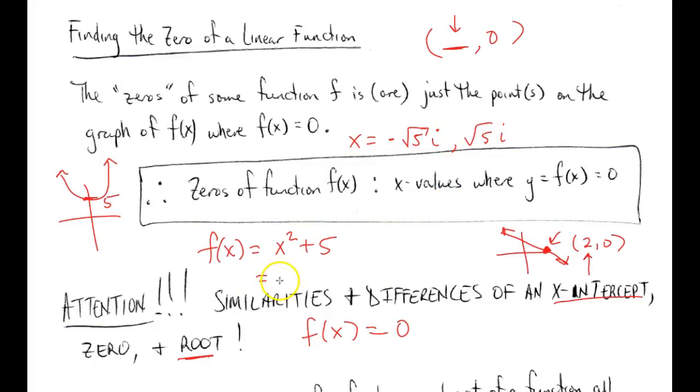If I plug in the positive one, let's call this b here, then when we use our exponent rules, we would have square root of 5 squared times i squared plus 5.